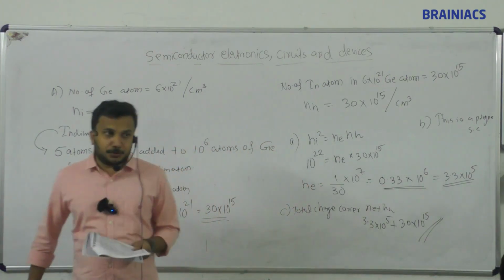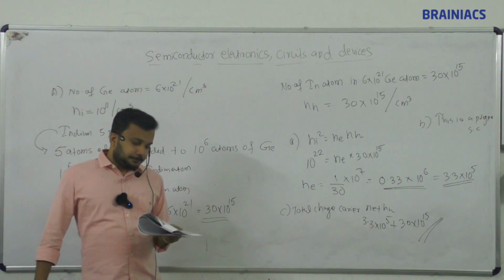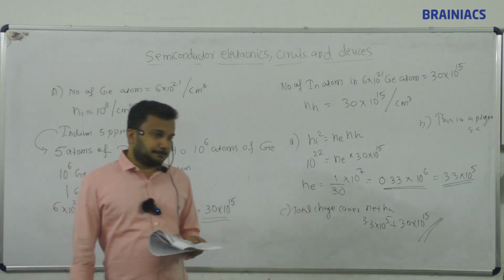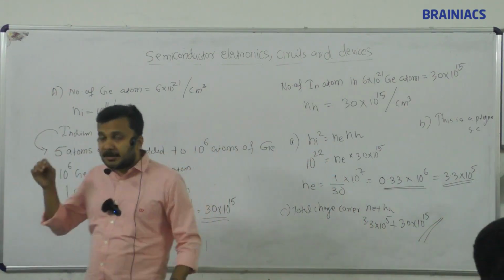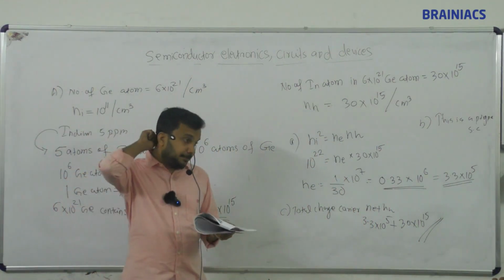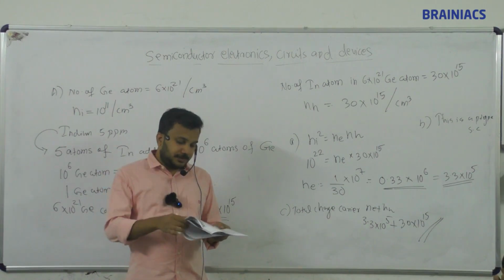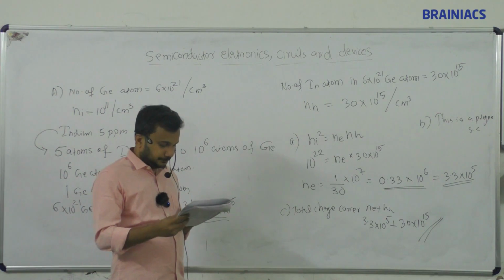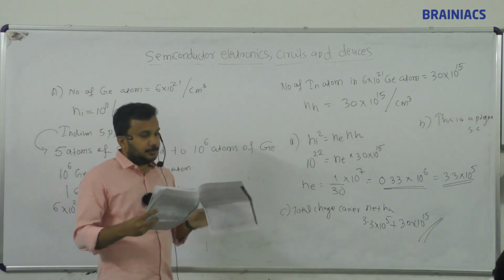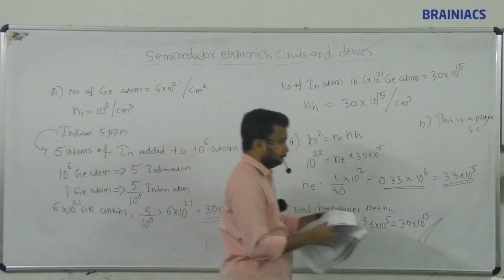Full stop and then continue. Number of silicon atoms per meter cube is equal to 5 into 10 power 28.